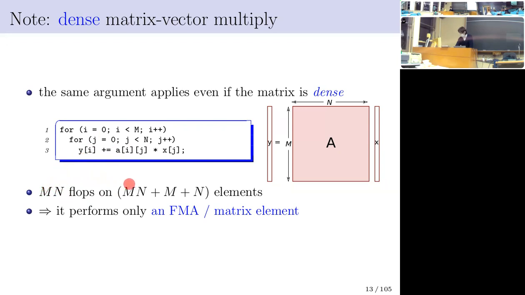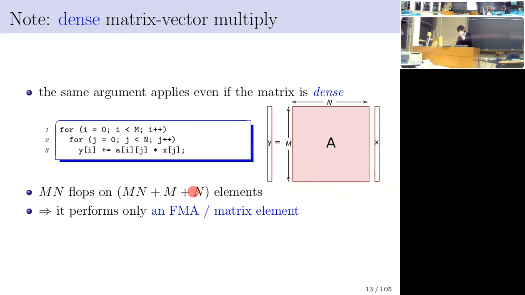On the other hand, the amount of data it needs to touch at least once is mn plus m plus n: m elements for y and n elements for x.